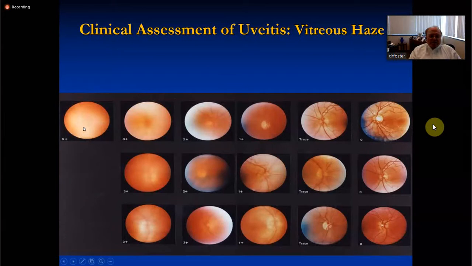This slide, for example, shows clear-cut 4+ vitreous haze. The disc is obscured. The disc can be seen here, but not clearly. So that's the point. Try the best that you can to give a grade to the amount of haze in the vitreous in a person with posterior uveitis.